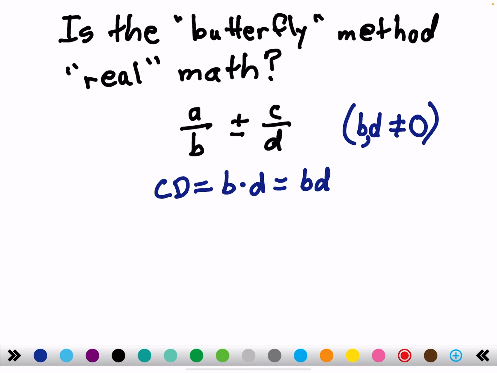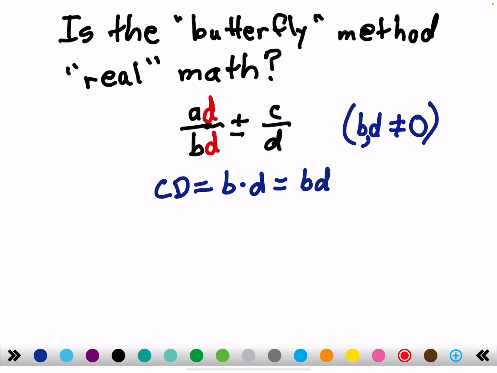What do we need to multiply that denominator by so that it will be BD? We multiply it by d. But, special rule for fractions: what you do to the denominator, you also have to do to the numerator. So that means because I multiply the denominator by d, I must also multiply the numerator by d.